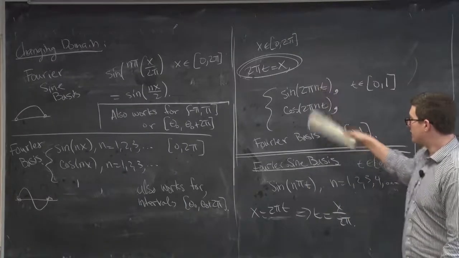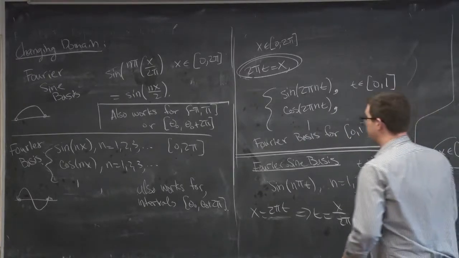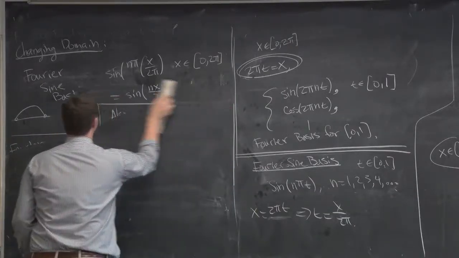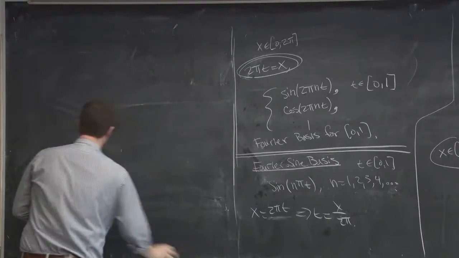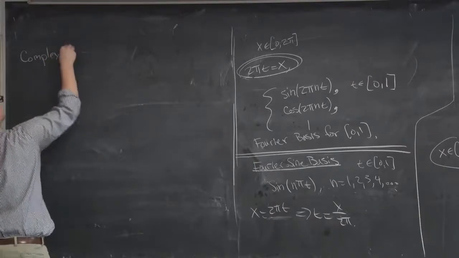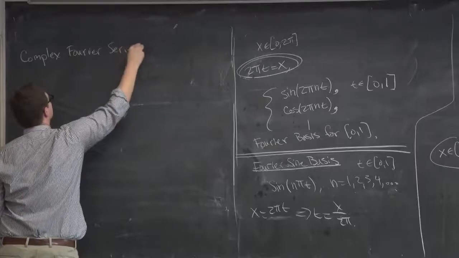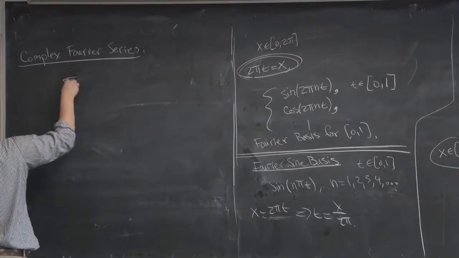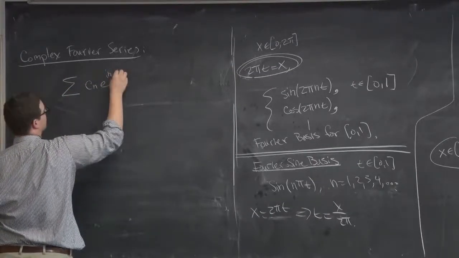Okay, then you have this Fourier basis, and the best one, the one that all mathematicians like, is this complex one. So there's this complex Fourier basis. Right? And so here, you write functions here as c_n e^{i n theta}.